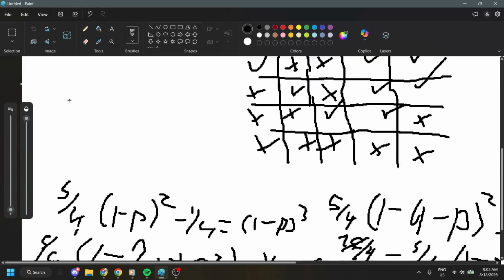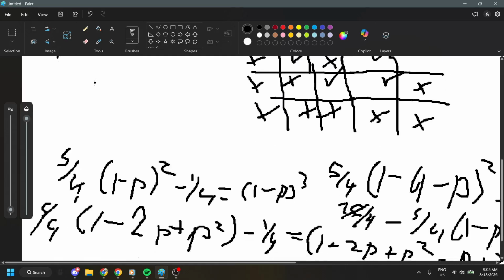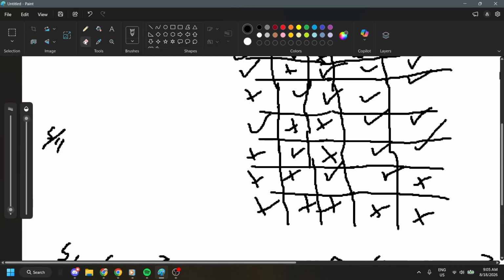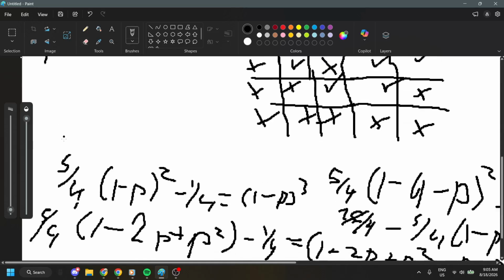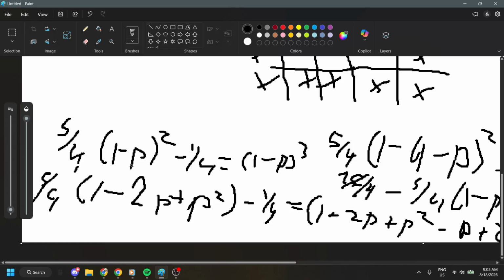So expanding this here, we would get 5/4, which minus 1/4 is 1. Oh, because this also is 1. I see. I was concerned on how we're going to solve this cube.